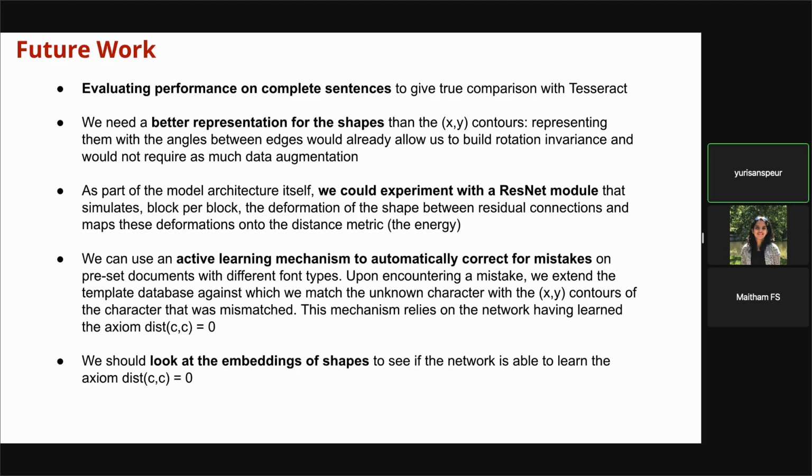One of the strong aspects of our method is that it's very principled and conducive to including active learning routines that can correct mistakes on presented documents and extend our database, such that next time we encounter that same tough character, we're able to properly match it. And then finally, it will be interesting to look at the embeddings of shapes to see if the axioms are met.